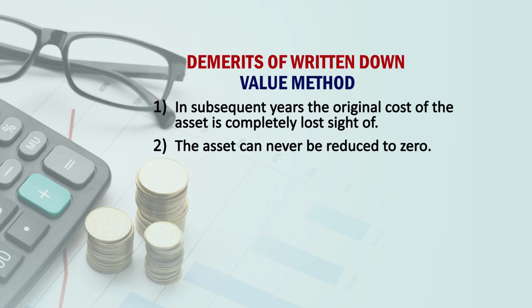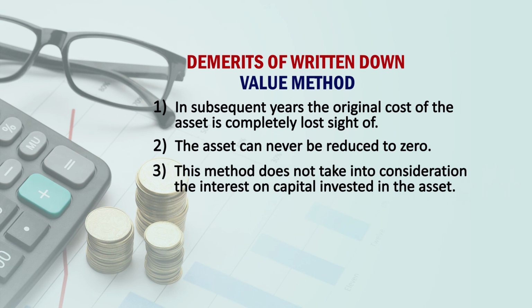Under this method the entire cost of the asset cannot be reduced to zero. Third, this method does not take into consideration the interest on capital invested in the asset.